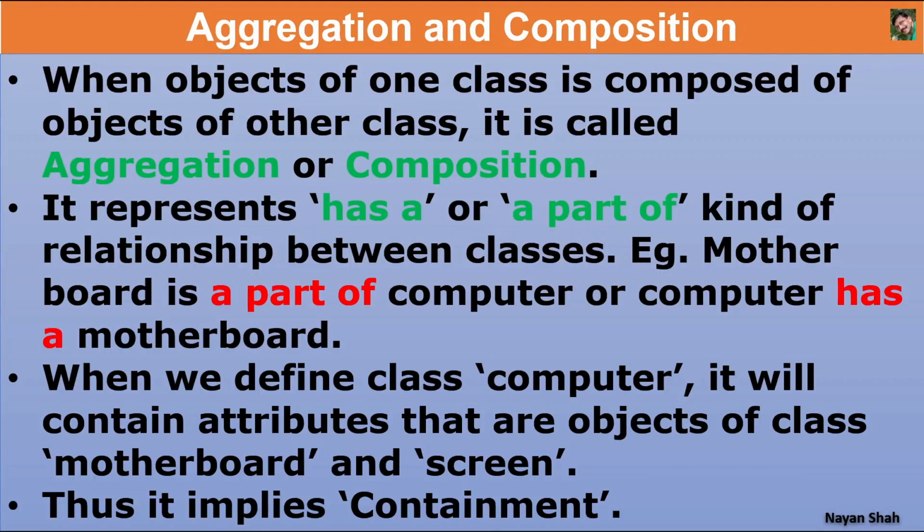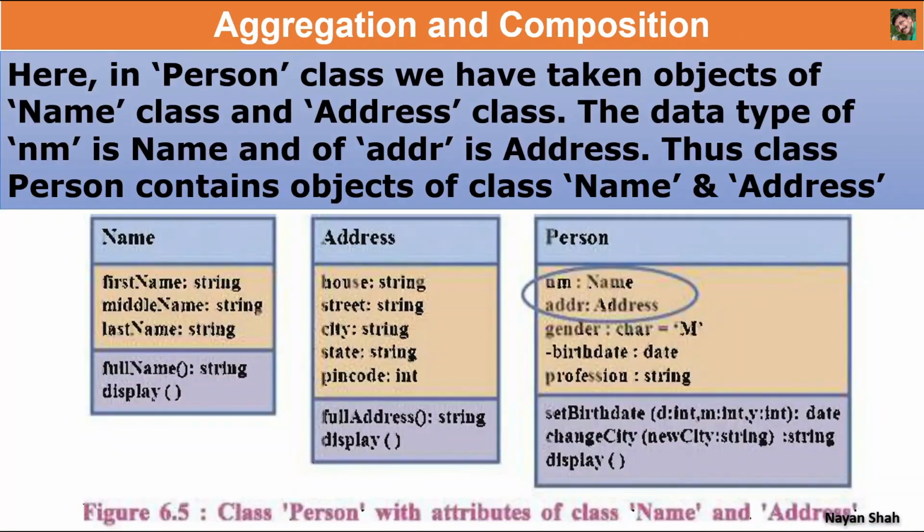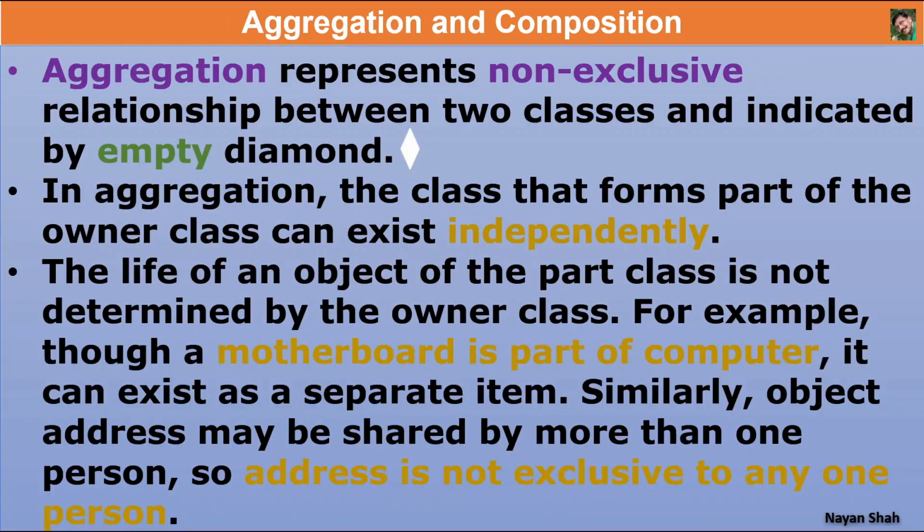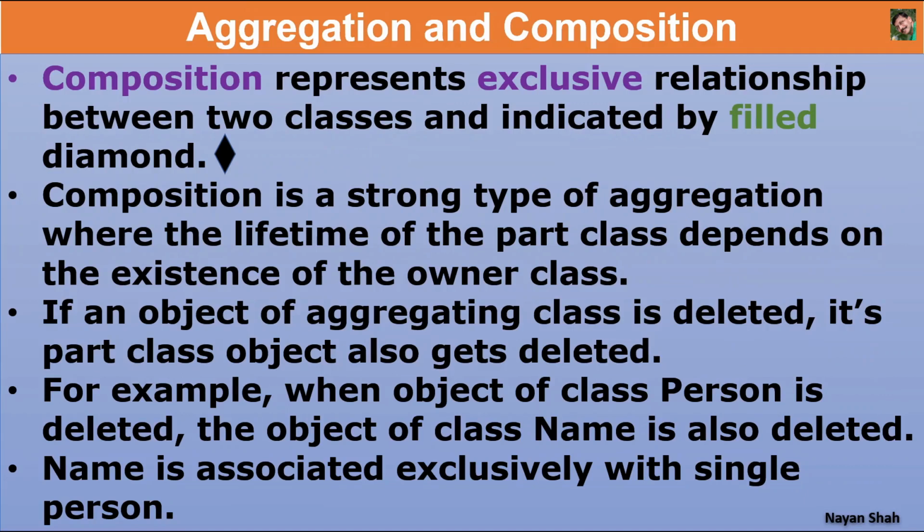Then aggregation and composition. It represents a has-a or part-of kind of relationship between two classes. So motherboard is a part of computer. So that is aggregation, composition. Again, the difference between aggregation and composition is that aggregation represents a non-exclusive relationship between two classes and is indicated by an empty diamond symbol.